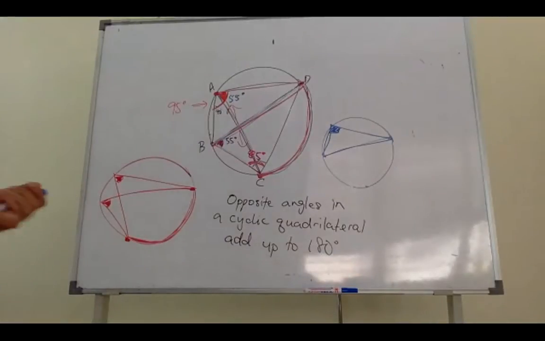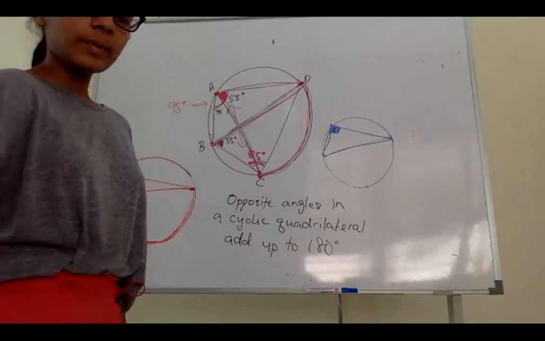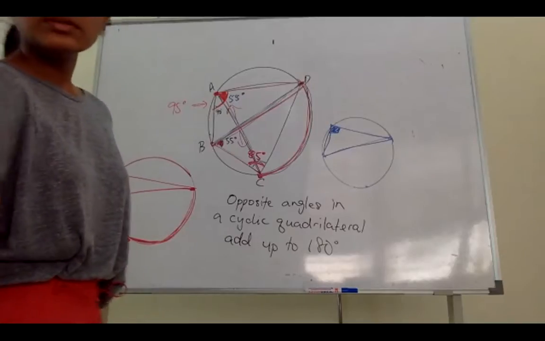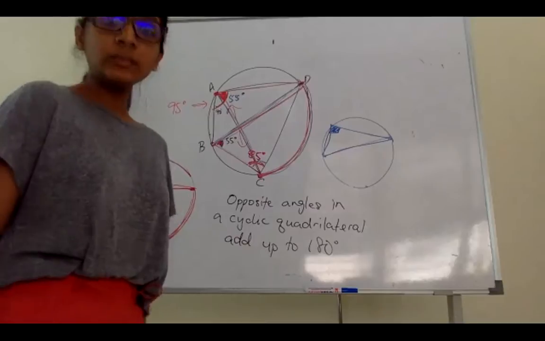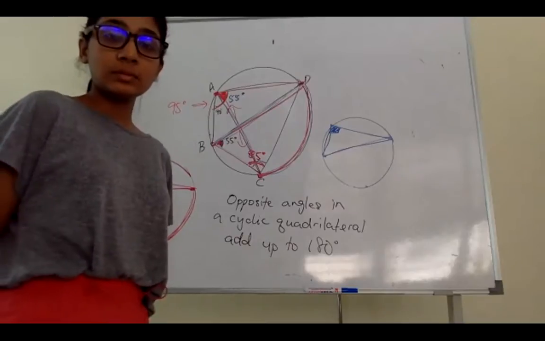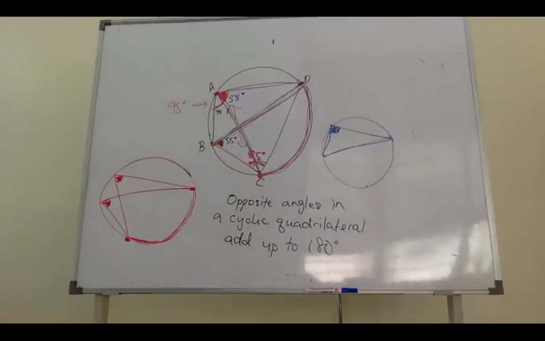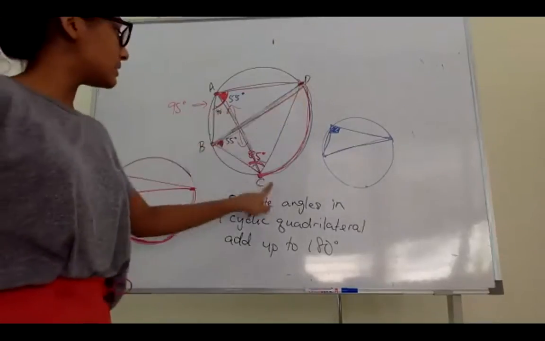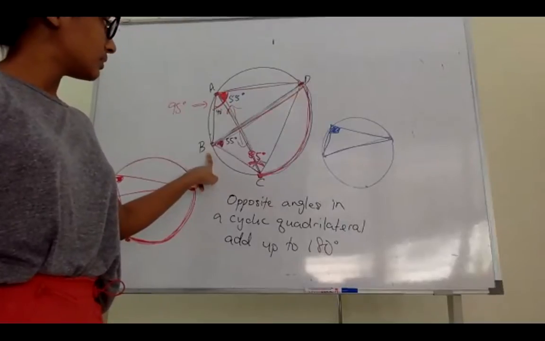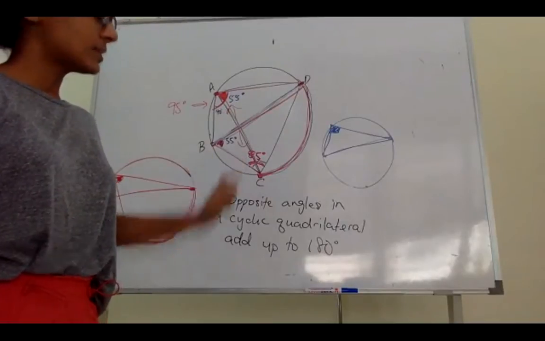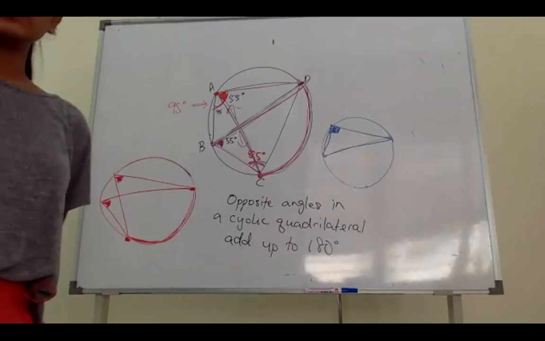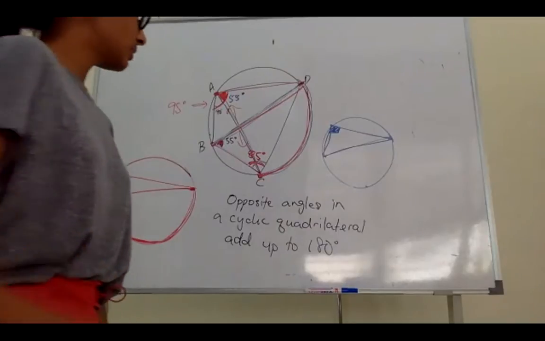Okay? Everyone okay so far? Yeah. So for my reason, if it was the diameter, the angle of the triangle touching the circle would be 90, or you can say angle DCB. Sir, can you repeat why again?